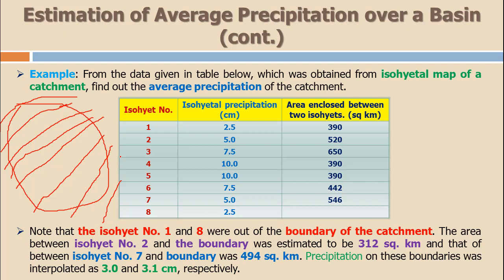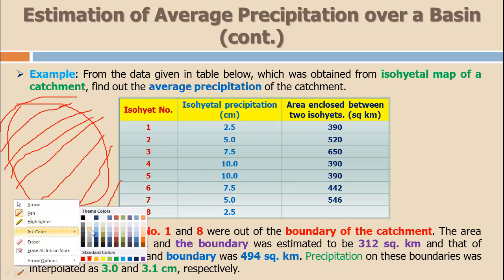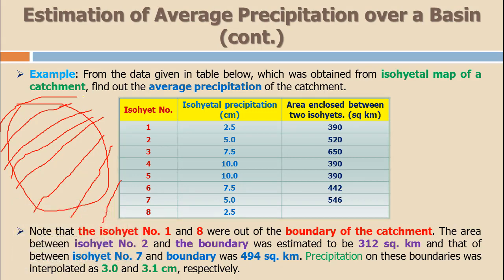So remember, the area between isohyet number 1 and isohyet number 2 is given to be 390, which is this total area. But we don't need this area, as we don't use this.